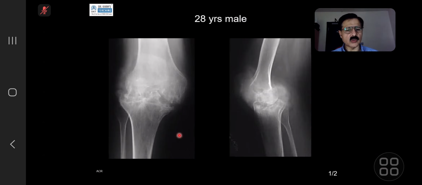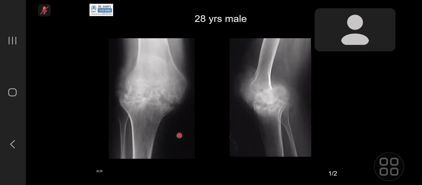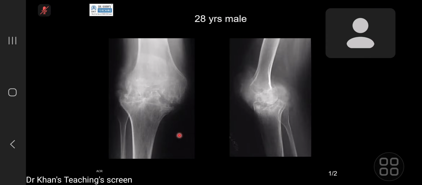Yes, please. 28 years old. So this is X-ray of the knee, AP and lateral views, and I can see that there is irregularity of the bony outlines, along with patchy areas of sclerosis as well, and the intercondylar notch also looks a bit widened to me.